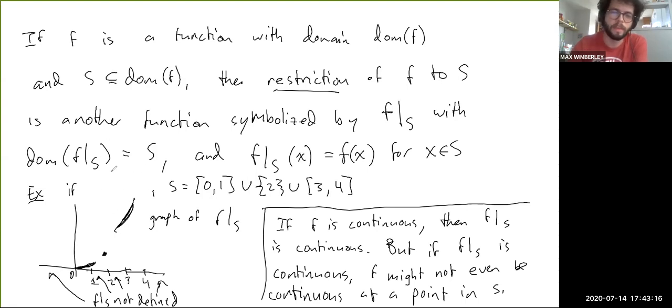If you are looking at an interval, then for the points in the interior of the interval, if the restriction of f to an interval is continuous, then the original f had to have been continuous at least at all the points in the interior. I'll explain that in a video that I make too. I definitely think maybe this weekend I'm going to make a supplementary video that explains this. All right, so let's do one more problem.